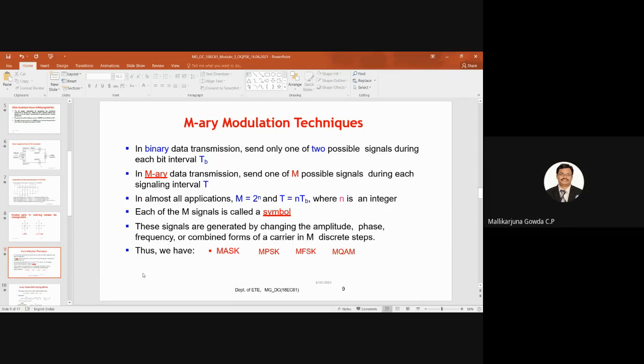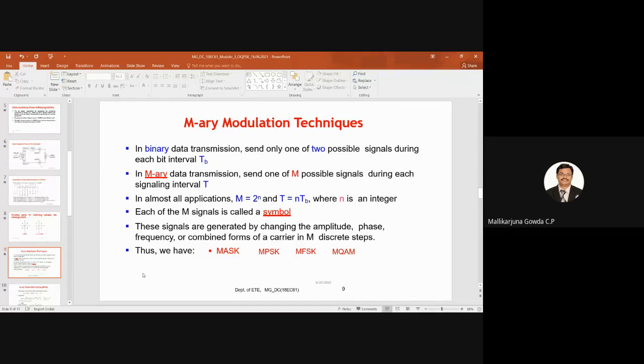Then the signaling interval, which is noted as capital T, is equal to n into TB, where TB is the bit duration. The signaling interval or symbol interval is n into TB. Already I said what is n? n is an integer, right?